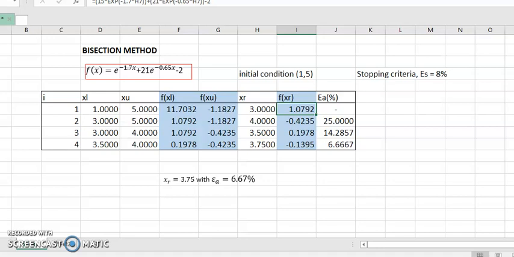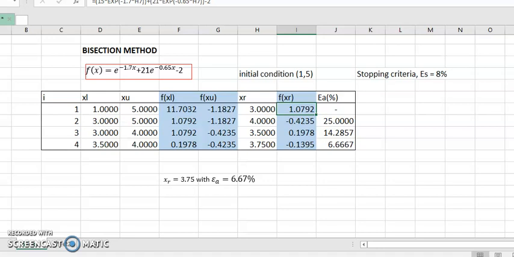Okay, for the second iteration, how to choose your subinterval. This is your subinterval XL and XU. Based on the previous iteration, your f of XR value is positive.